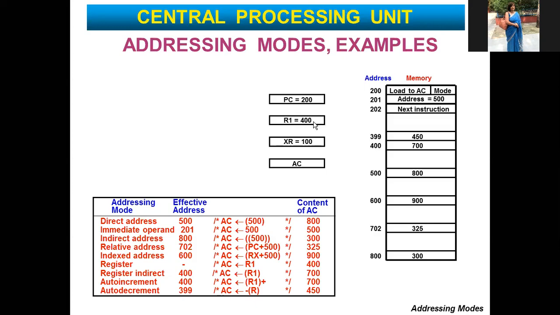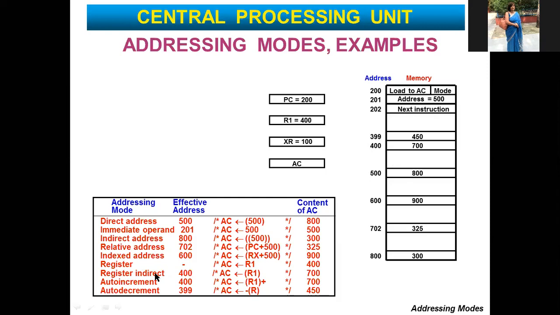I'm going to repeat the definition of auto increment. It says that it is similar to register indirect addressing, else the value of R1 is incremented once the value has been utilized. Once you have found the value of the effective address and the value of the operand, for the next instruction its value will become 401.